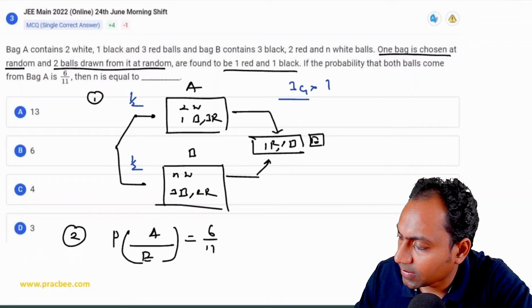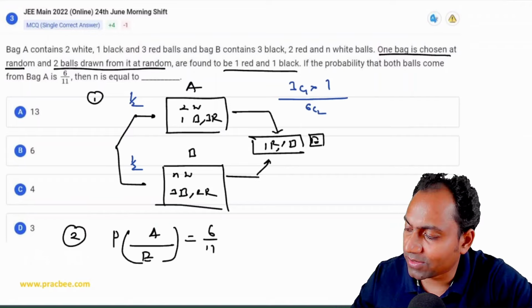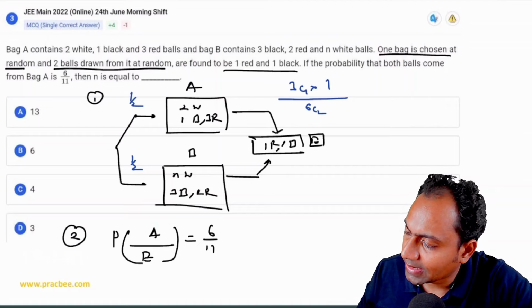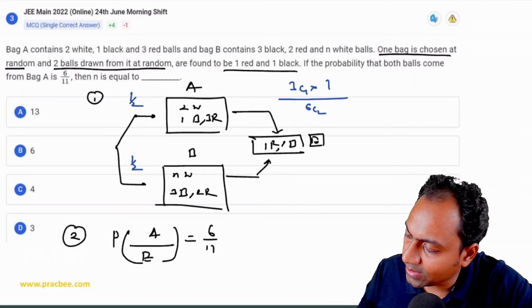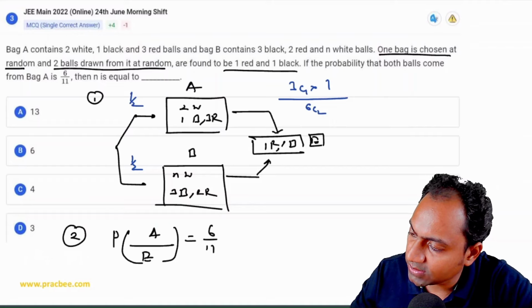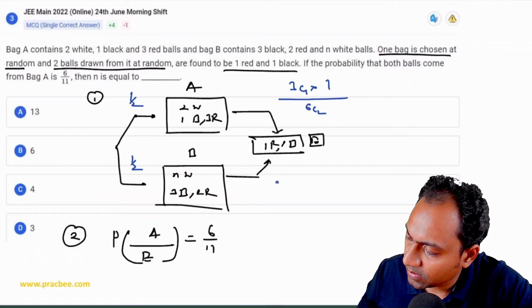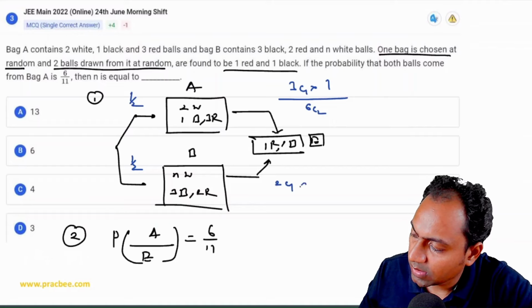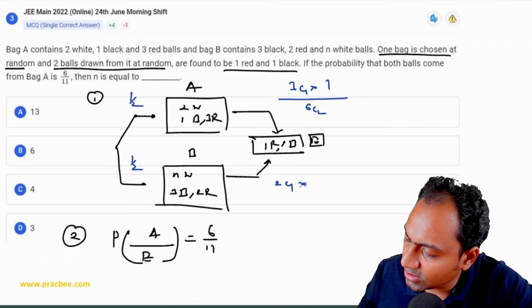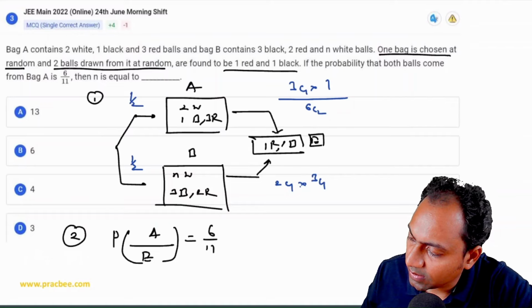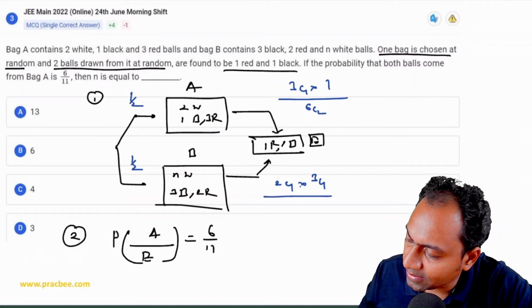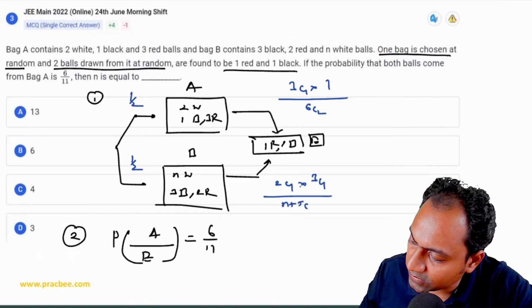And now for the second one, 1 red ball can be chosen in 2C1 ways, and 1 black ball can be chosen in 3C1 ways. Divide by the total balls, which are n plus 5, so n plus 5 C2.